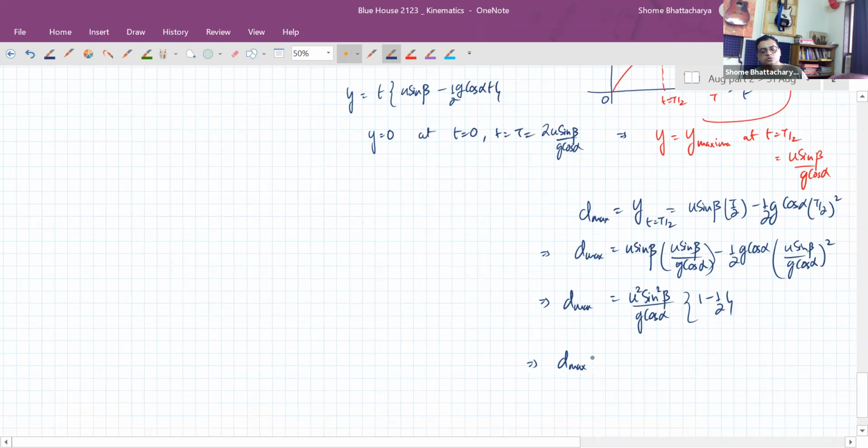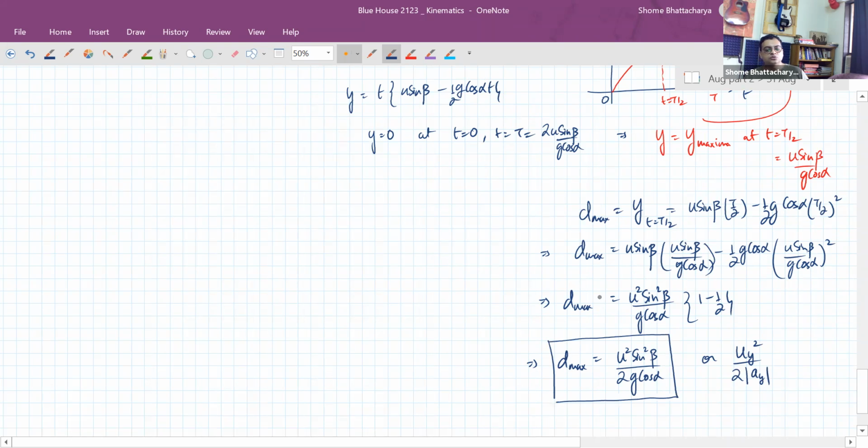Of course, it involves two angles, alpha and beta, but if you write it parametrically, you will see it's very similar to what we'd seen before. It is uy squared divided by 2 times the magnitude of ay. Only in the regular case the magnitude of ay is g, and the numerator uy is u sine theta.